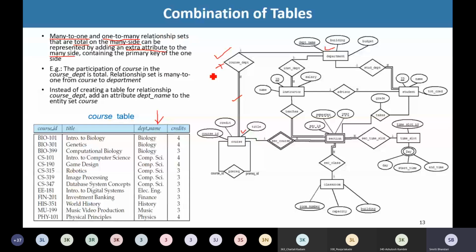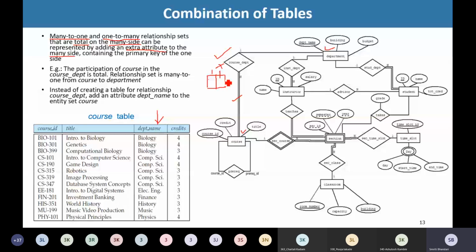And why are we doing this? Because if we create one more table associated with course department, I would have a table wherein I have the course ID of this entity set as one attribute and department name as the other attribute. But every course corresponds to only one department, that I know.